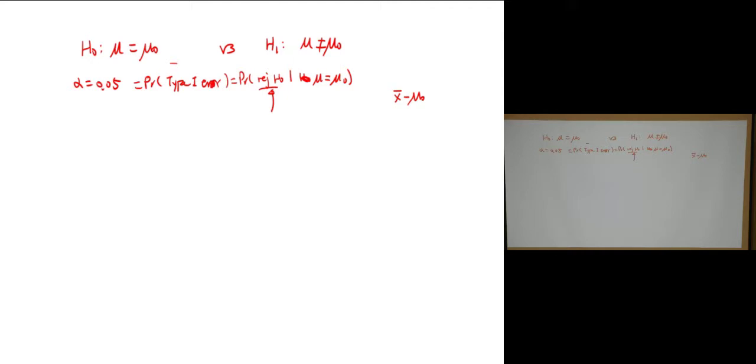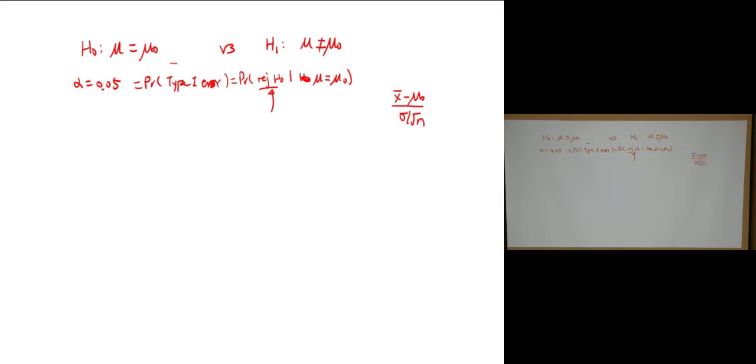But the magnitude of this difference also depends on the scale of your x. If x is large, of course X bar minus mu naught may be of a bigger magnitude. So we have to consider the variation of this X bar, which is sigma over root n if we know sigma.